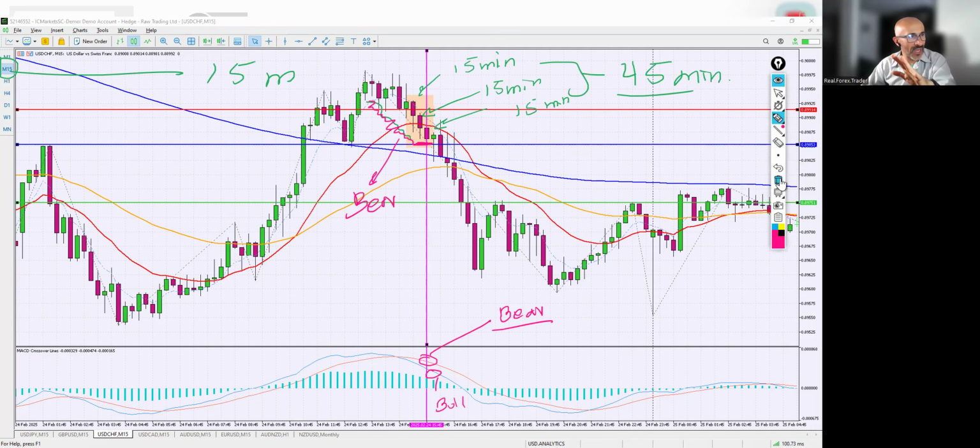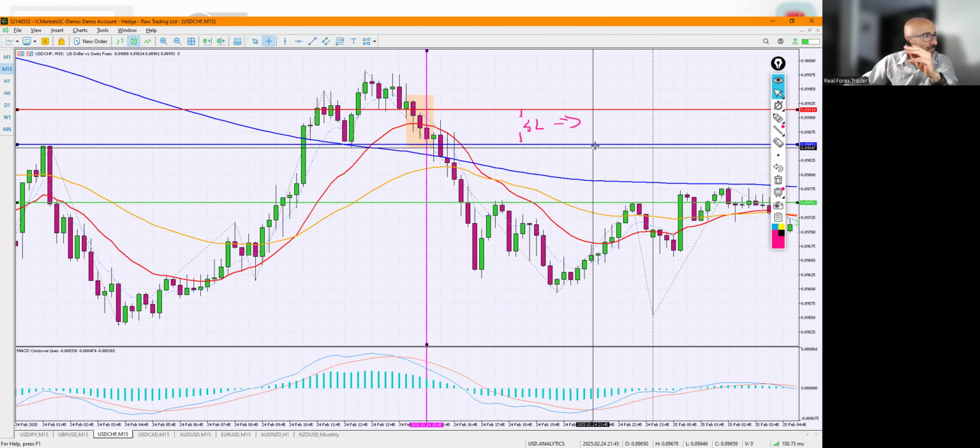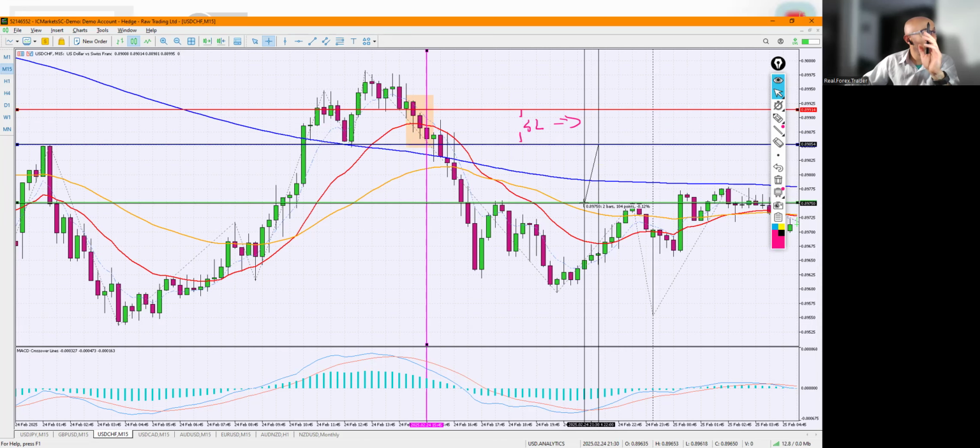Every time that I set my stop loss here, say for example, I am trading looking for my maximum here, this 6 pips. This is the maximum. So it means that my take profit has to be above 6 pips. So I'm leaving it here on 10 pips profit, right?